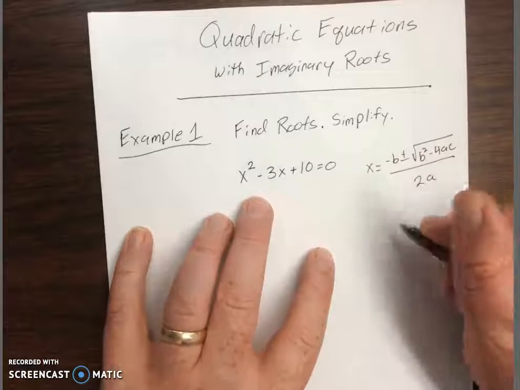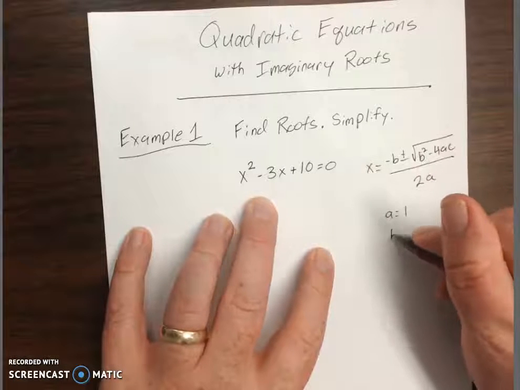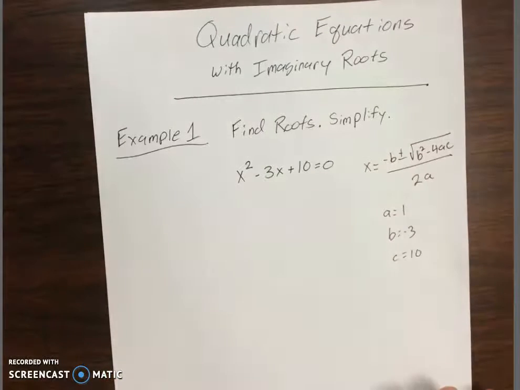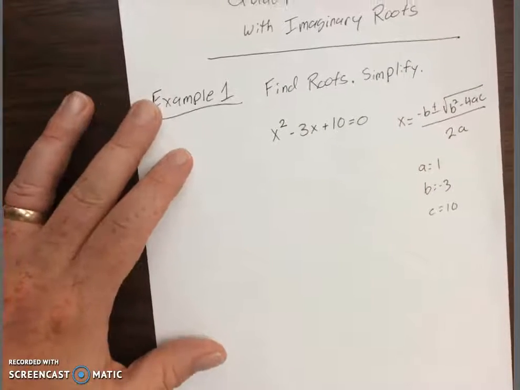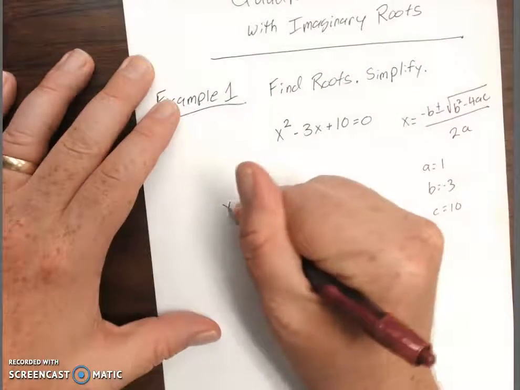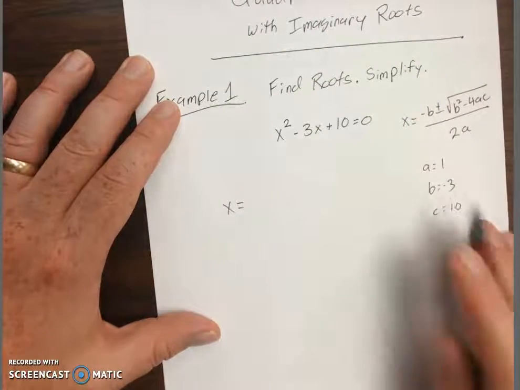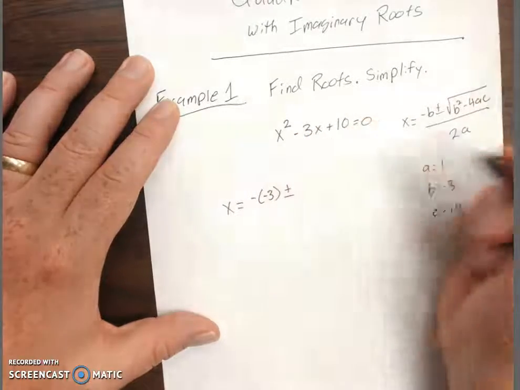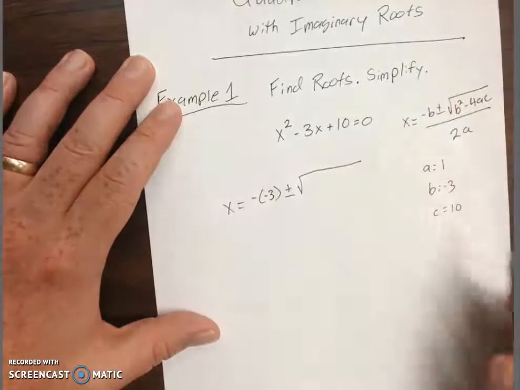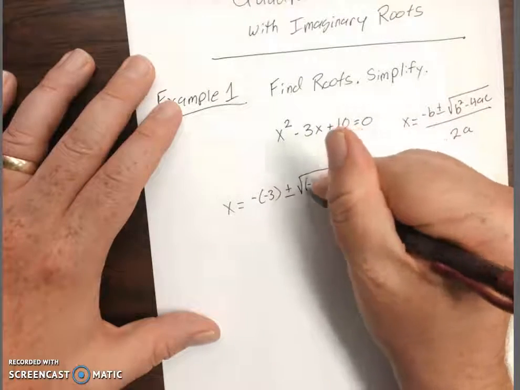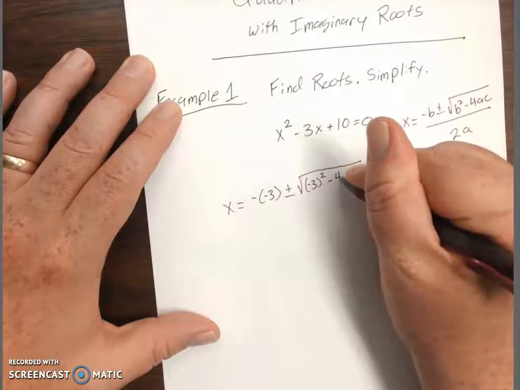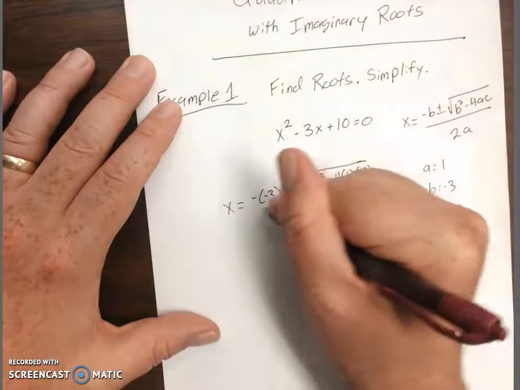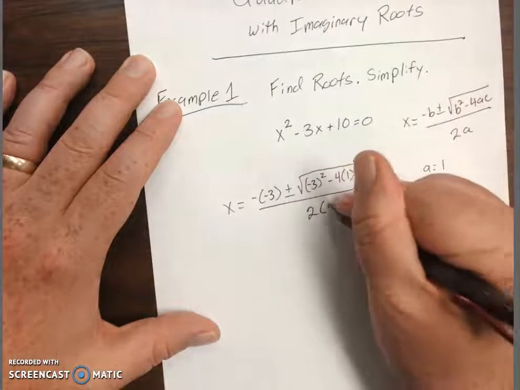So I'm going to make myself a list. A is 1, B is -3, and C is 10. And so to find the roots using the quadratic formula, x equals minus b, so minus a -3, plus or minus the square root of b, -3 squared, minus 4 times a times c, and then that's all over 2a.